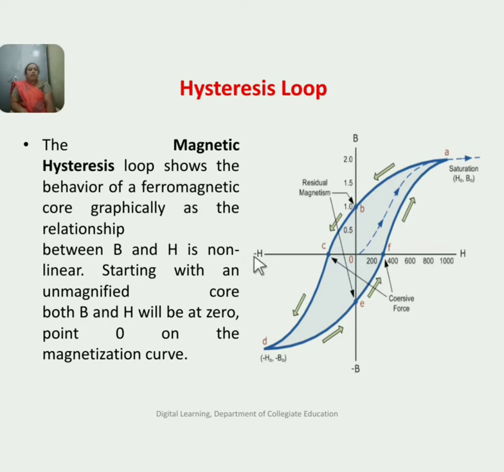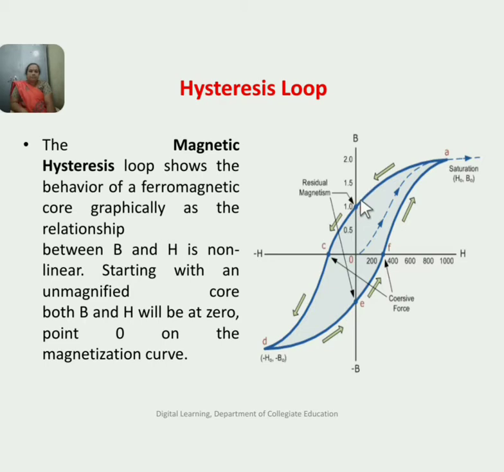Due to the magnetic field, the substance gets magnetized in the positive direction. If we reverse the current, then the substance gets demagnetized. So here magnetization and demagnetization take place. This process is known as hysteresis.